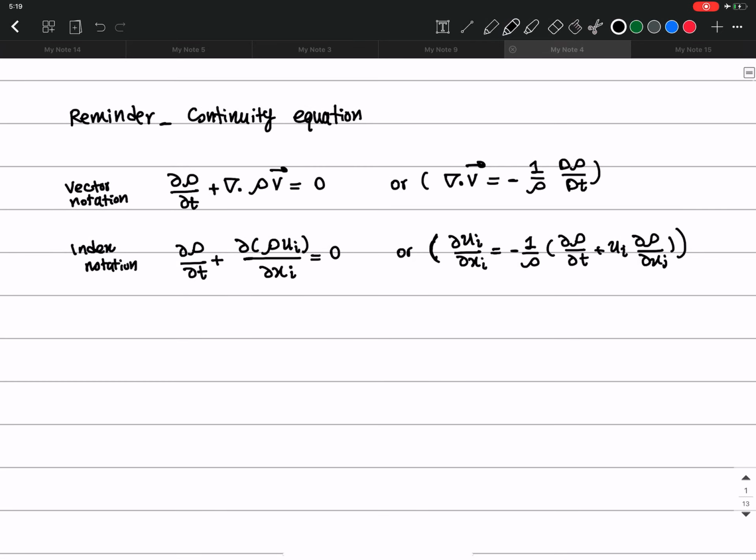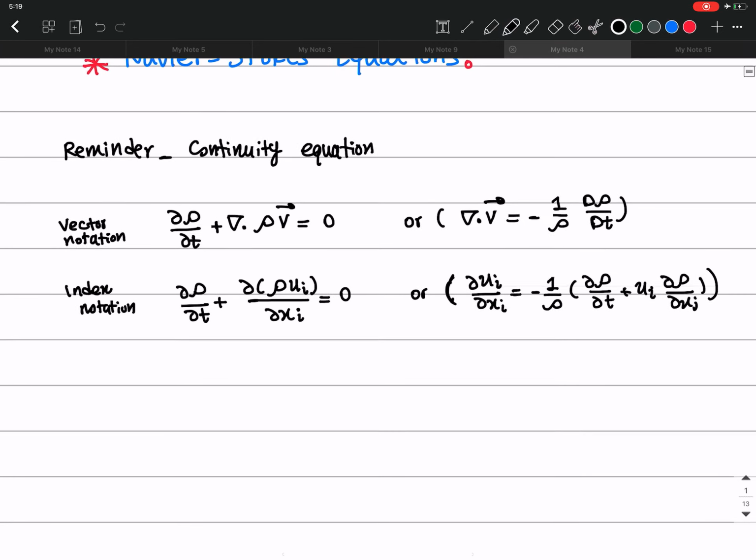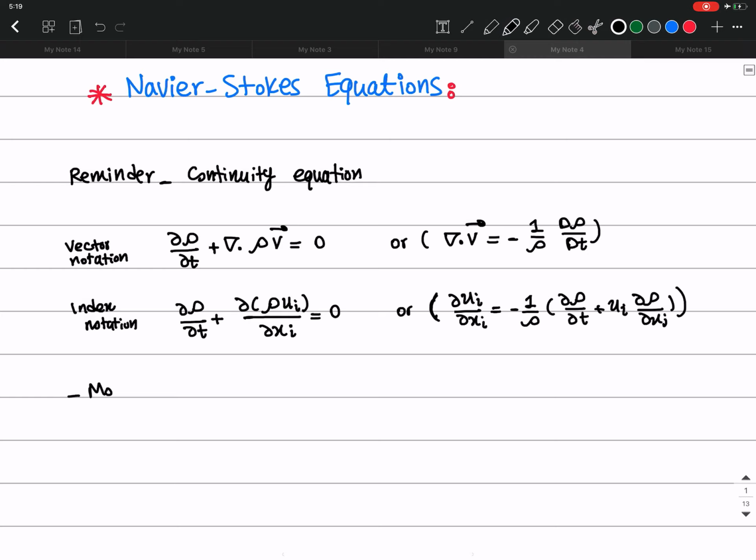And now let me write the momentum equation as well. We derived the partial differential equation of the momentum equation for an inviscid flow, which is actually Euler's equation.